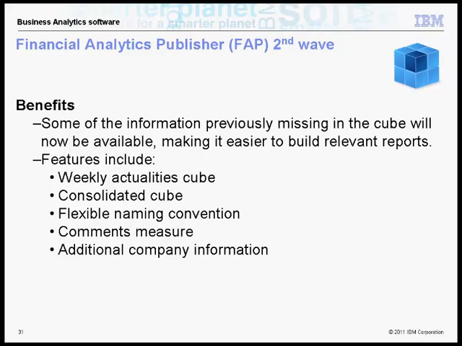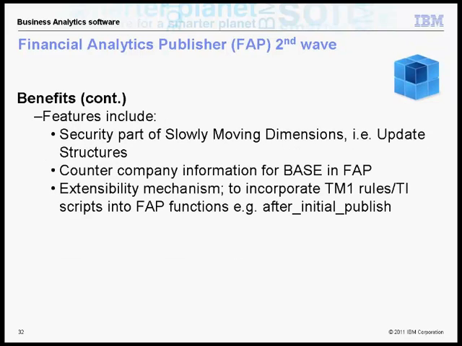So some of these benefits include weekly actualities, a consolidated cube, comments measure, flexible naming convention, additional company information, being able to address security as a slowly moving dimension, and some other things such as extensibility as well. And we're going to look at each of those separately.